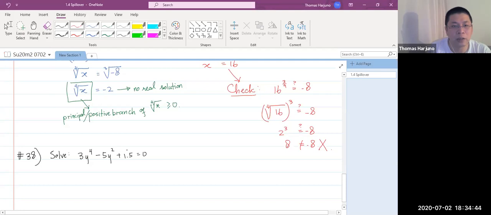You can kind of imagine this as 3 over 2 if you like. So if you see it that way, 3y to the fourth minus 5y squared plus 3 over 2, and if you don't like fractions, then you multiply the equation by 2 just to clean up the denominator.